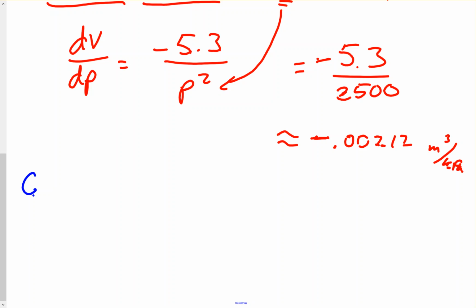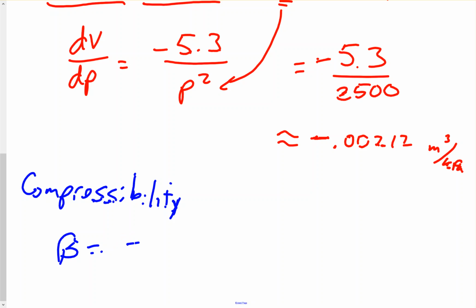Okay, compressibility. So this was our formula for beta that we saw earlier: negative 1 over V times dV/dP.